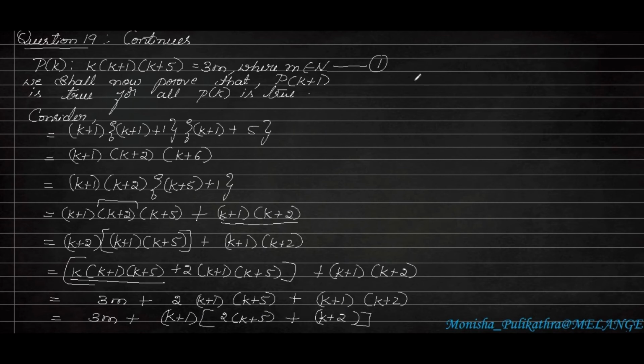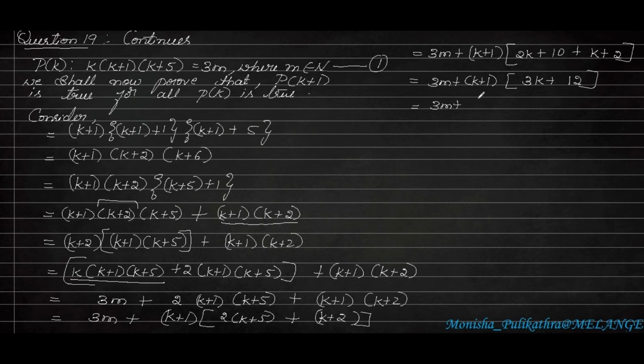Next we have to arrange these things. 3m plus k plus 1 we write as it is. We have to multiply all those factors which are inside. It will become 2k, 2 into 5 will be 10, plus k plus 2. So this will become 3m plus k plus 1 into 2k plus k will be 3k, plus 10 plus 2 is 12. So 3m plus k plus 1 into 3k plus 12.